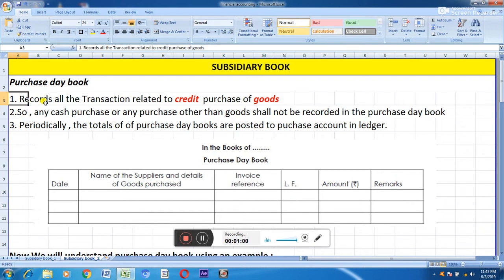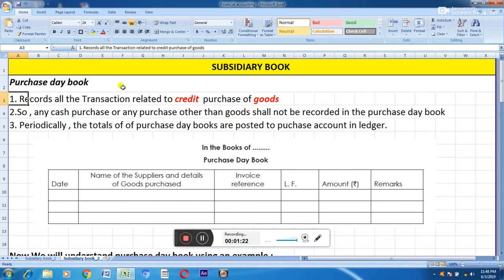Purchase day book records all the transactions related to credit purchase of goods.